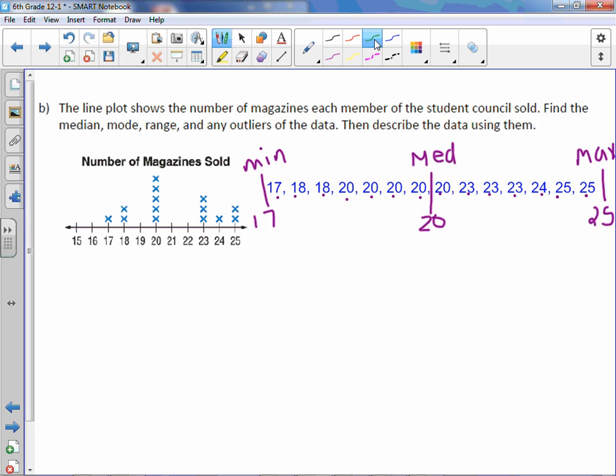Our first quartile is at 20. Our third quartile is at 23. Okay.